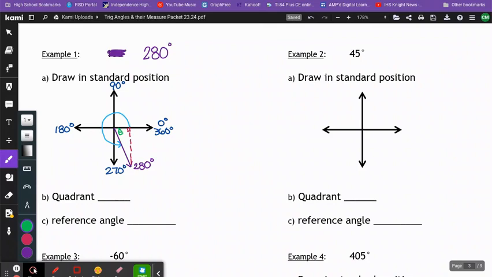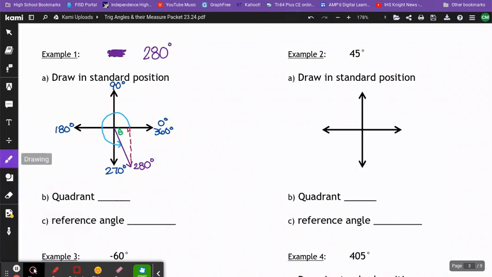So this lands in quadrant 4. The terminal side of this angle is in quadrant 4, and it wants to know what is theta. Theta is going to be from 280 to 360 degrees.